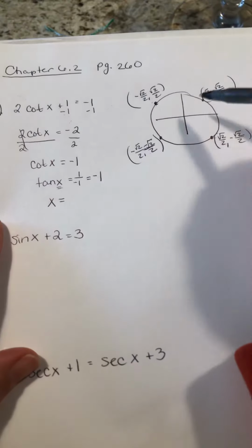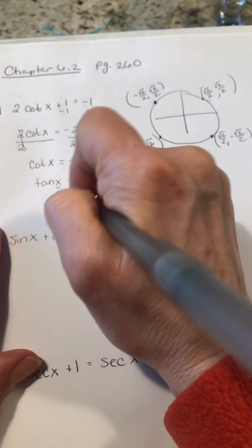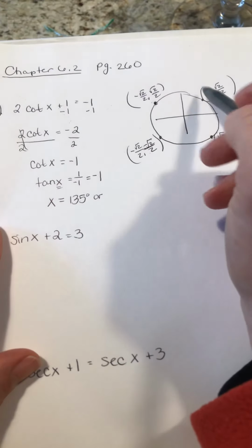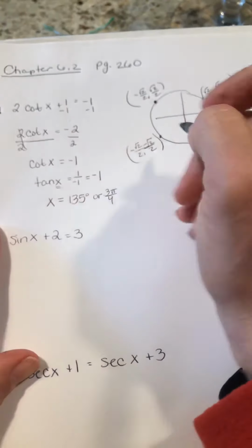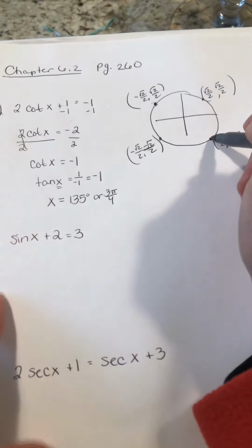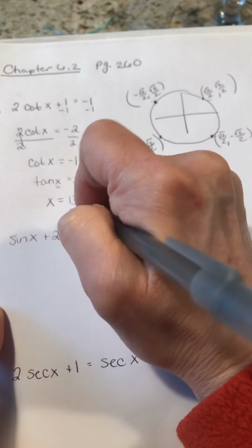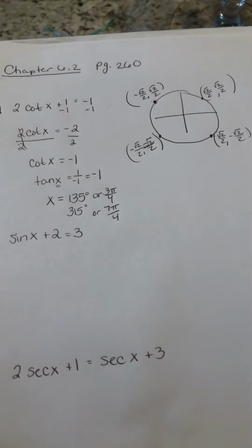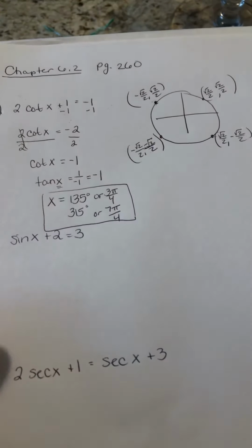So our first angle is going to be 135 degrees, or 3 pi over 4. And the other angle is going to be right over here, and this is 315 degrees, or 7 pi over 4. And so that's what we're looking at for our answers for this particular problem.